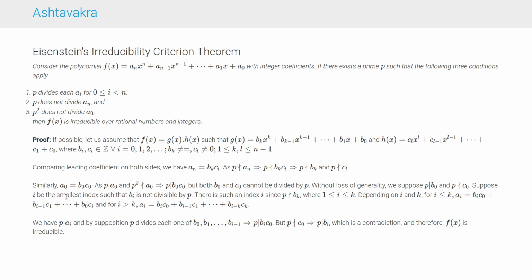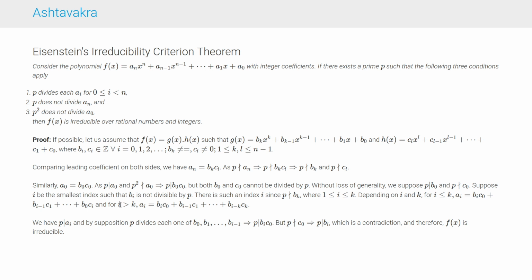Suppose i is the smallest index such that b_i is not divisible by p. There is such an index i since p does not divide b_k, where 1 is less than or equal to i less than or equal to k. Depending on i and k, for i less than or equal to k, a_i is equal to b_i c0 plus b_(i minus 1) c1 and so on up to b0 c_i.